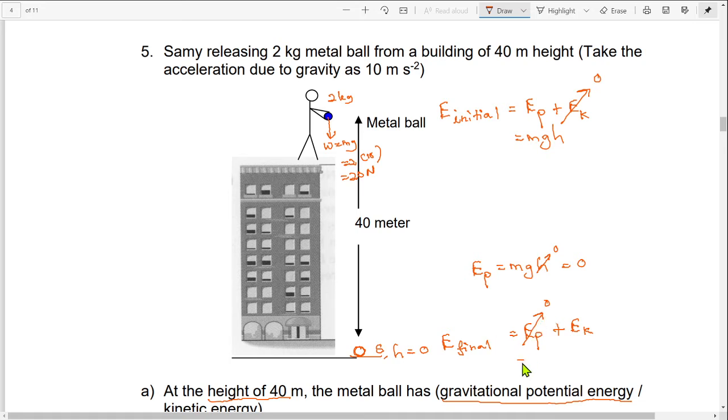So the final energy is only EK, which is 1 over 2 mv squared. By using the principle of energy conservation, E initial must equal E final. So mgh must equal 1 over 2 mv squared.